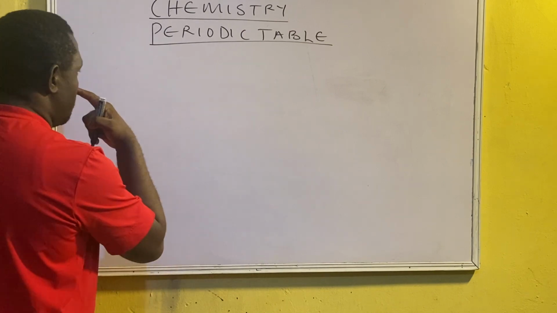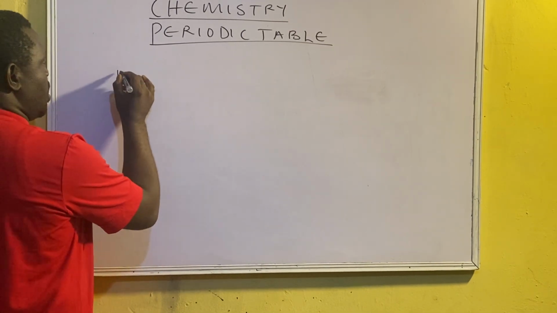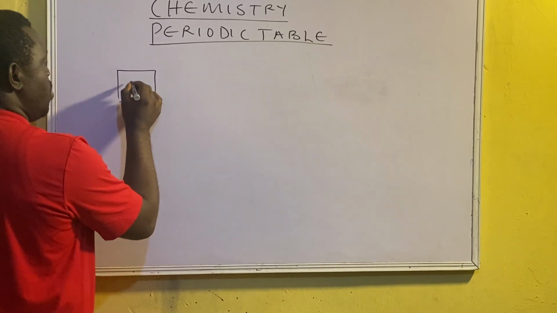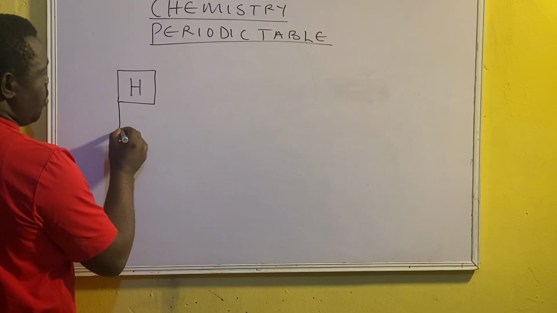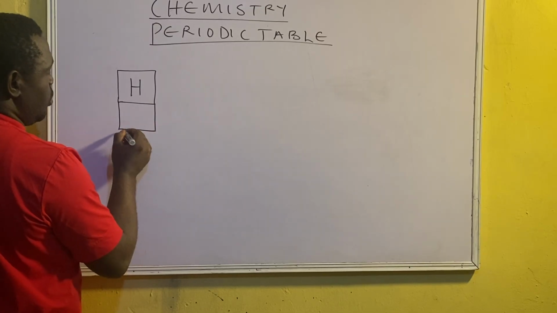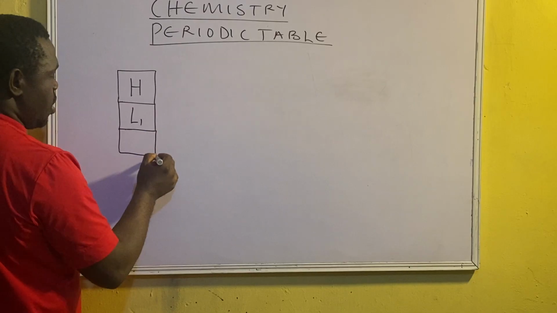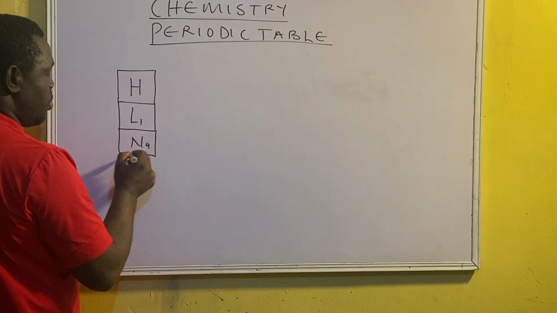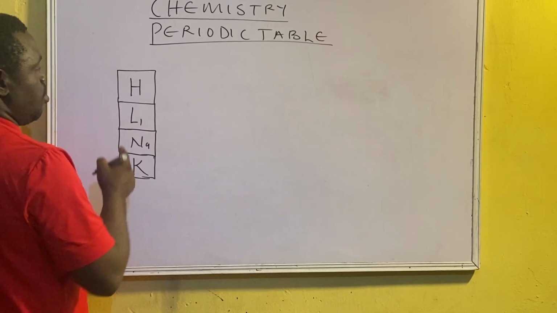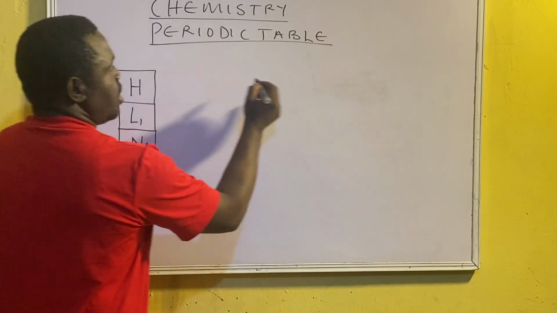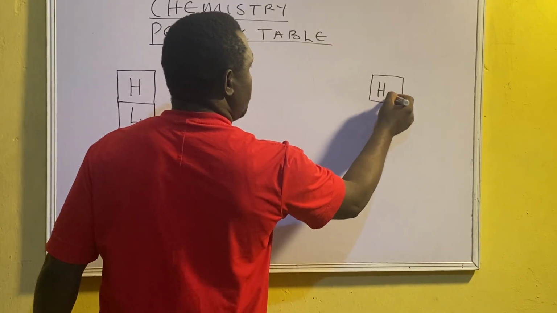So let me give you a skeletal periodic table for the first 20 elements, for example. Here you have hydrogen. Down here you could have lithium, down here sodium, and down here potassium, because they are group 1 elements. Somewhere here you have your helium.